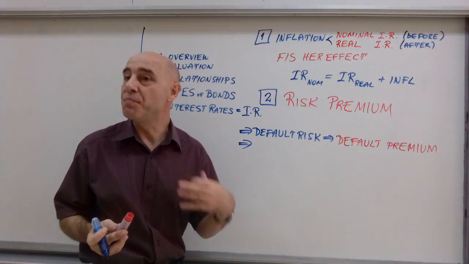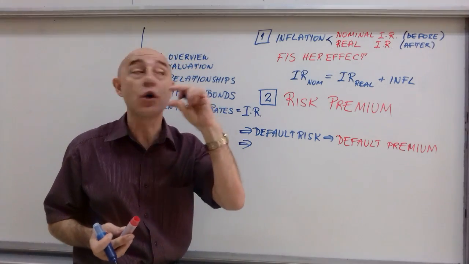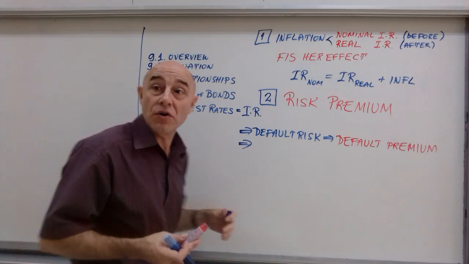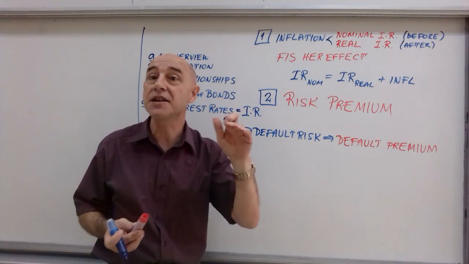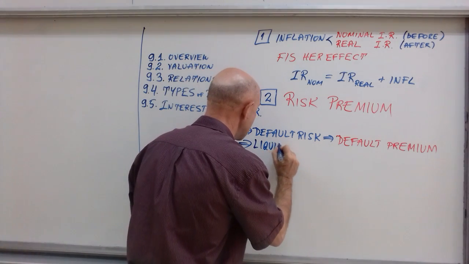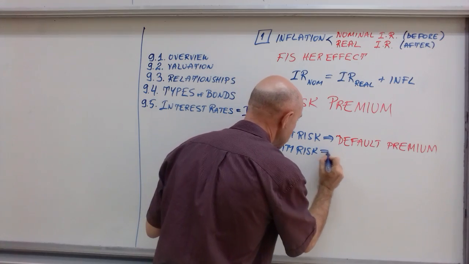Liquid is the ability to sell the bond quickly and close to its fair value. So, some bonds are very hard to sell, and if you sell it, you've got to sell it at a lower price. This is called liquidity risk.